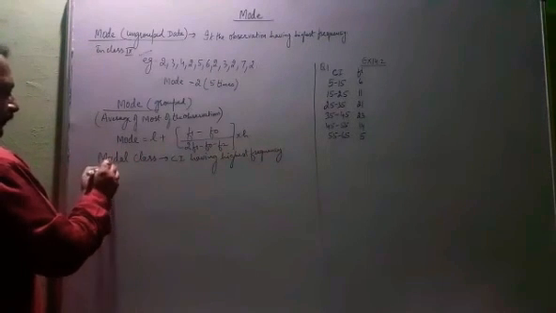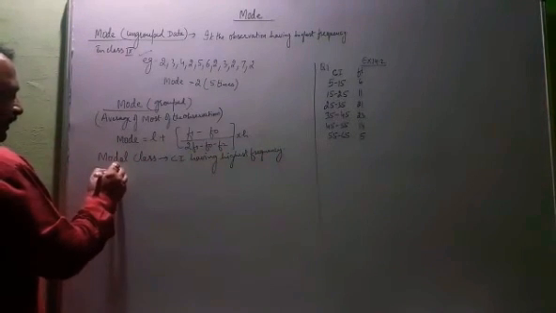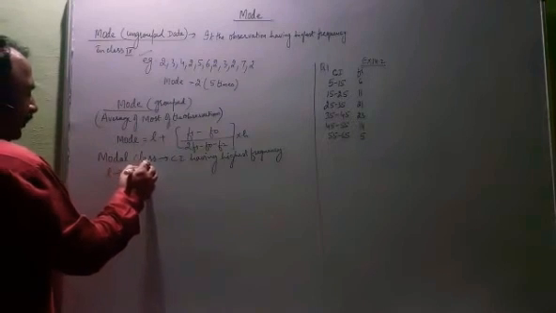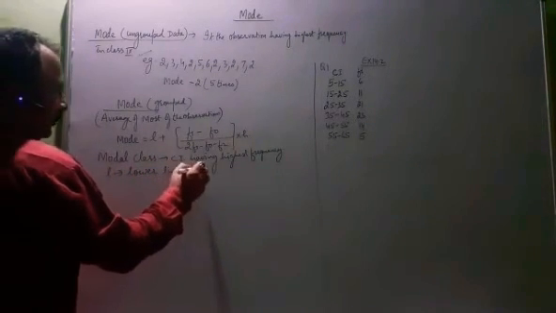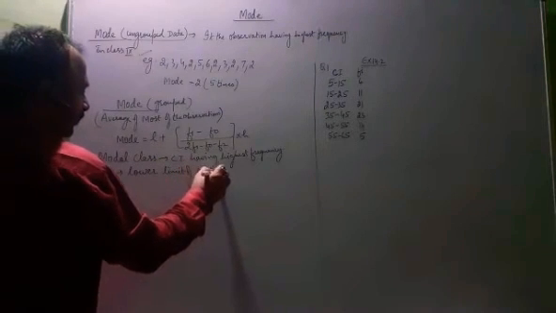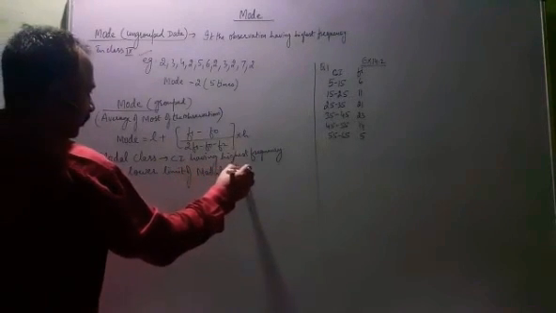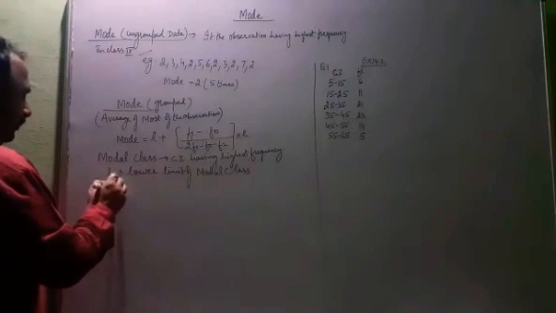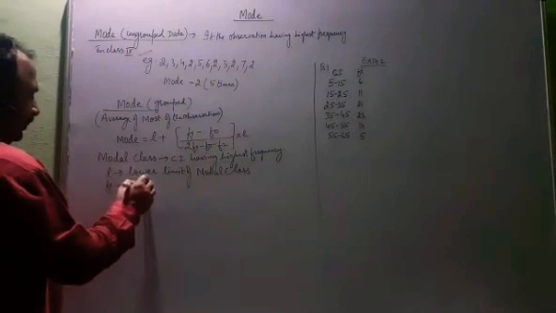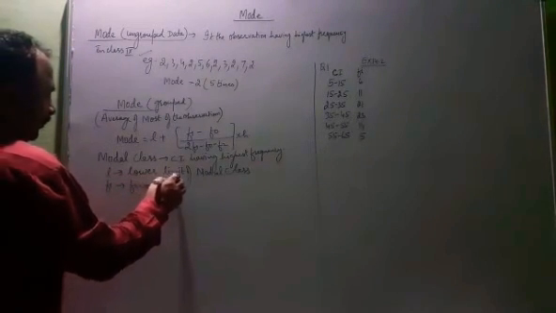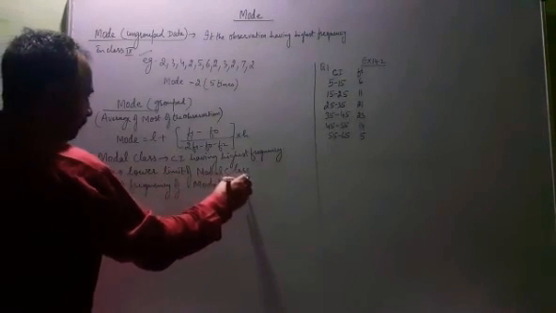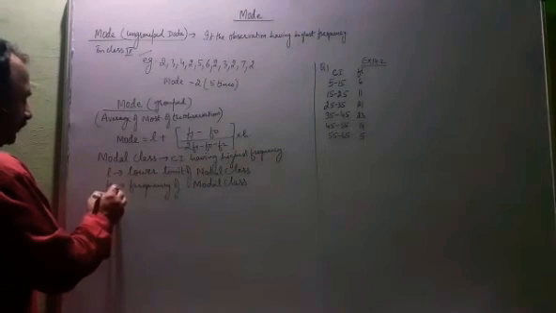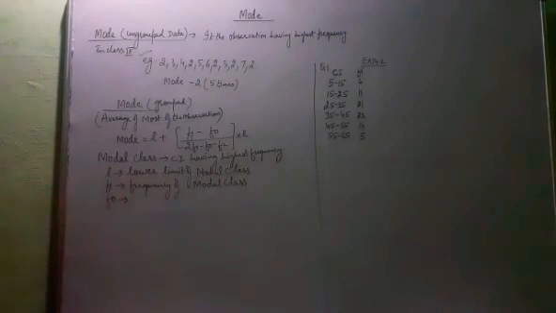Now the first term which comes across is L. It is the lower limit of modal class. F1 is frequency of modal class. F0: now 0 is predecessor of 1, 0 comes before 1.